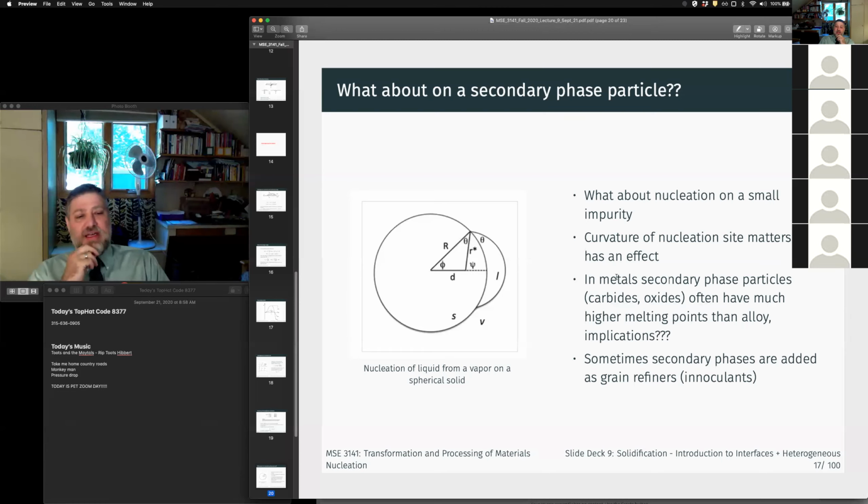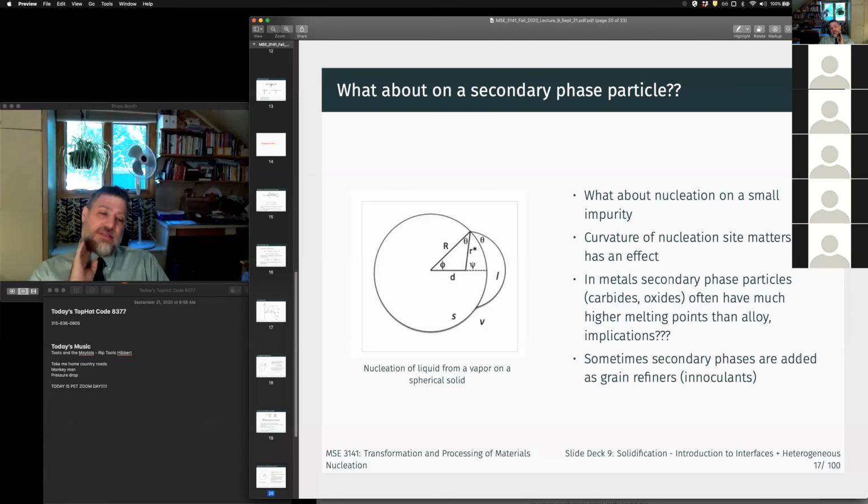And in metals, a lot of times we have secondary phase particles, carbides and oxides, that have a much higher melting point than the alloy. So that means if we just go above the metal melting temperature, these solid carbides and oxides are still around, and they're going to be very potent sites for heterogeneous nucleation, right?